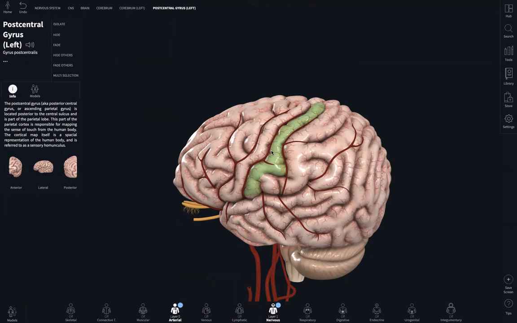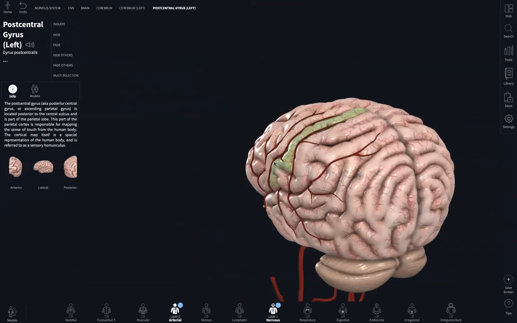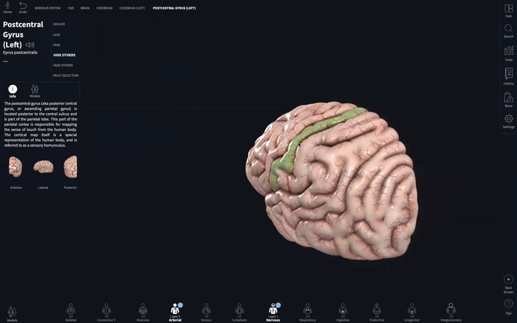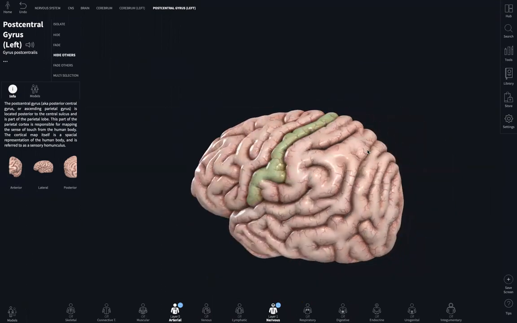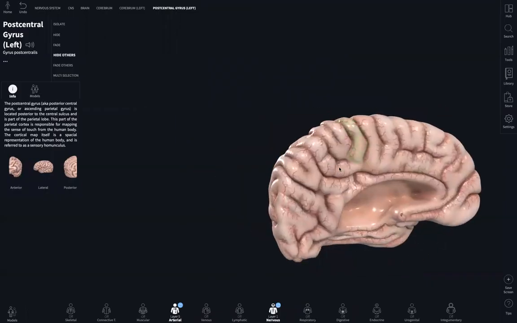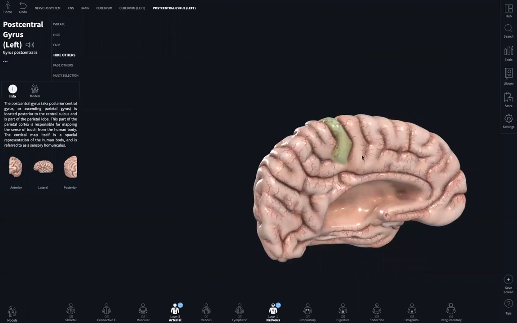It is the homunculus, which you've seen, like the funny guy with all his hands and arms and stuff. That is going along the distribution of that. So the inside of it is actually innervated by the ACA because it's on the inside.